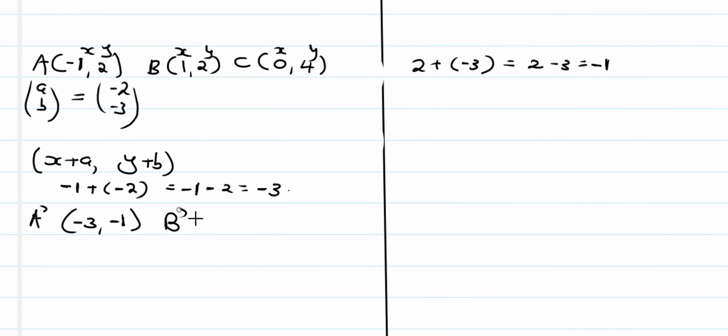Then we go to B. We apply the same logic. We have 1 plus a, but a here is -2, so 1 minus 2, which is -1. I will put -1 there.